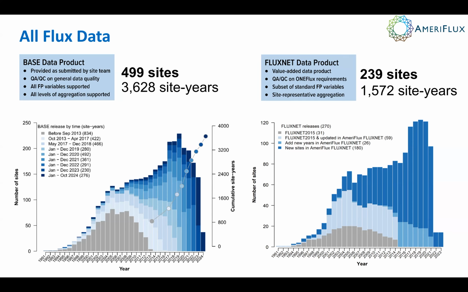I just briefly mention the color coding here. This represents the timing of the data release, especially as this is being updated. For FLUXNET, the darker blue means what AmeriFlux was able to process in recent years. So we pretty much doubled or tripled the number of sites we can host.